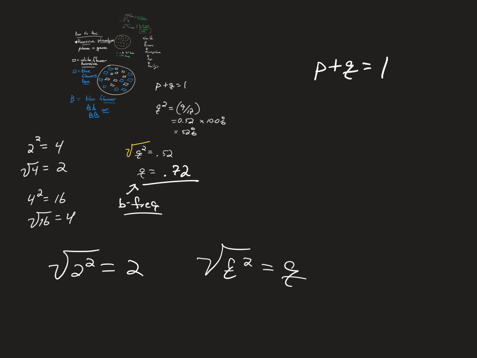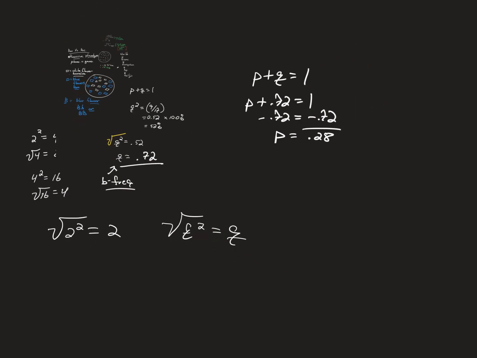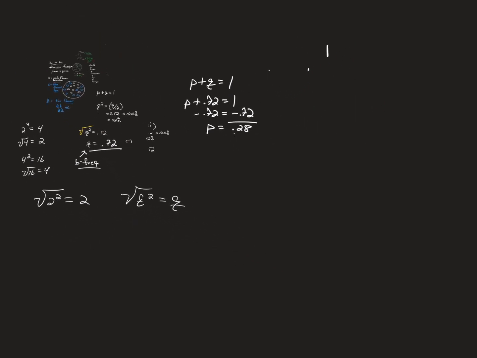So if I know what q is, then p plus 0.72 equals 1. How do I get p by itself? Subtract 0.72. Somebody want to do that math? 1 minus 0.72 equals 0.28, okay. All right, so we know that p is equal to 0.28. So we know that q is equal to 0.72, if there's no evolution, then that's correct.